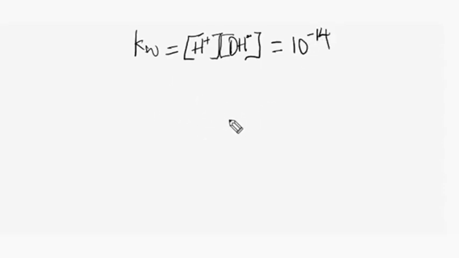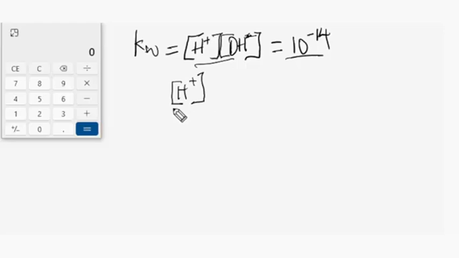Having established this, we've been given the concentration of the hydroxyl ion, and that's 2.50. If we make hydrogen ion the subject of this formula, since we don't have a scientific calculator here, we are going to make use of a standard way to solve this.